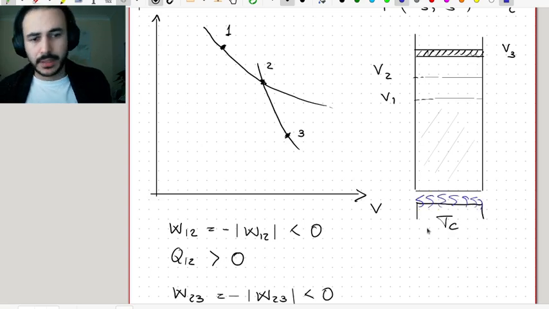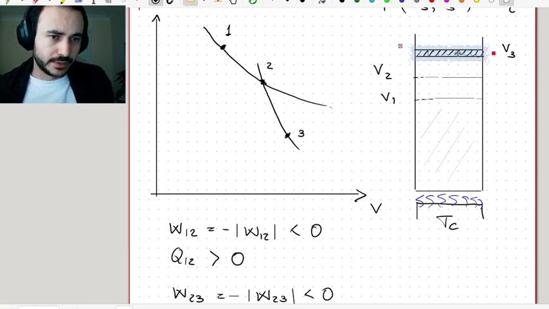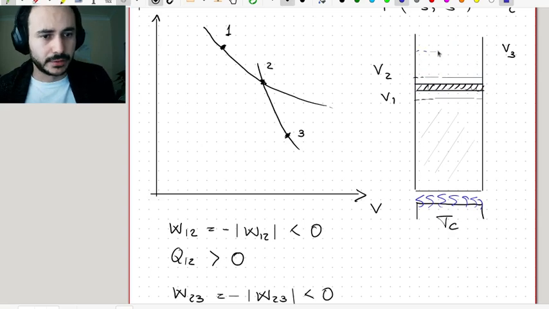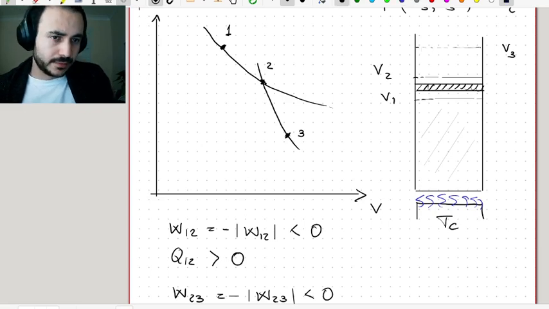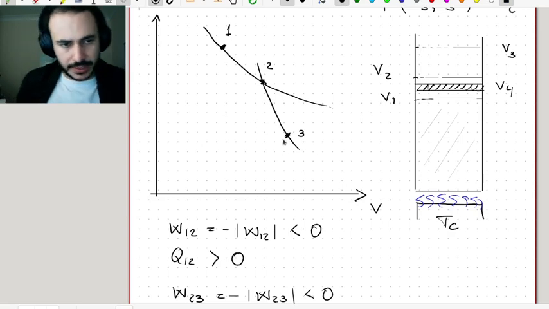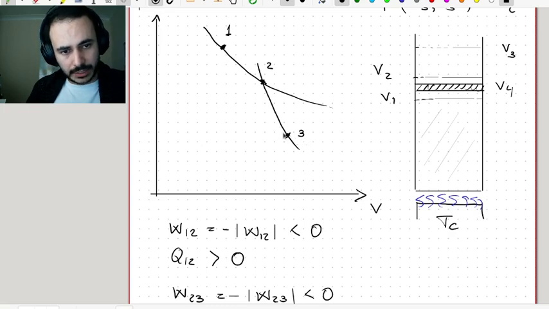And now you move the piston down somewhere there, let's say. So you go from V3 to V4. As you're doing that quasi-statically, in contact with a cold heat source, you are again moving along an isotherm.